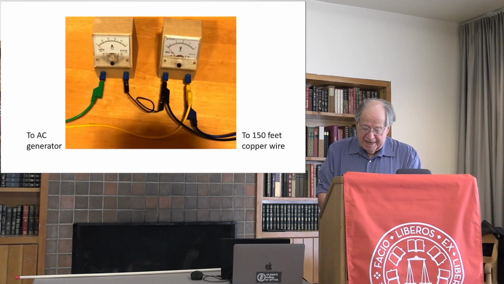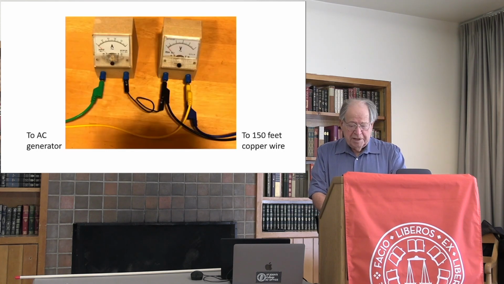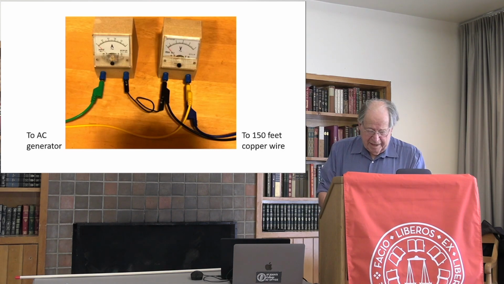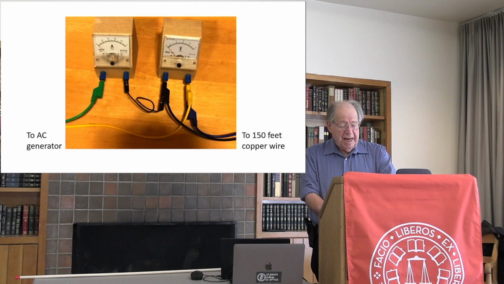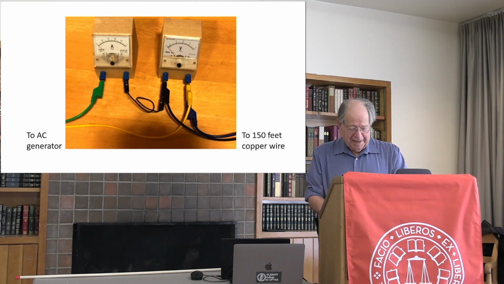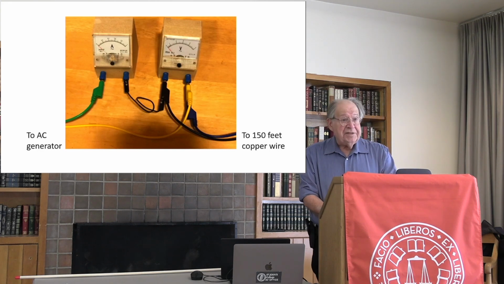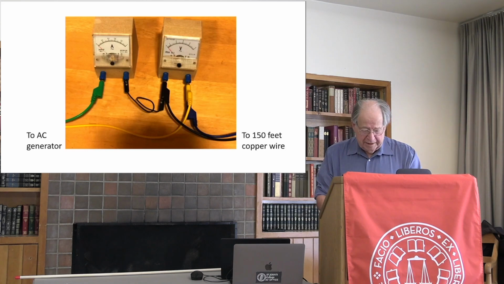Let us test that expectation using our 150-foot length of copper wire. And let me explain that for these measurements, I have strung it like a clothesline, 75 feet out and 75 feet back again, and therefore nearly straight, except where it reverses at the middle.